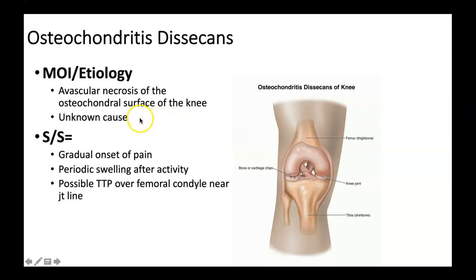There are times where we also develop this and it's of an unknown cause. So what am I saying? Patients just getting older, the wear and tear of life has happened, right? But in an athlete, most often it's as a result of some traumatic loading and/or injury to the distal femur. In terms of the signs and symptoms, it's gradual onset.